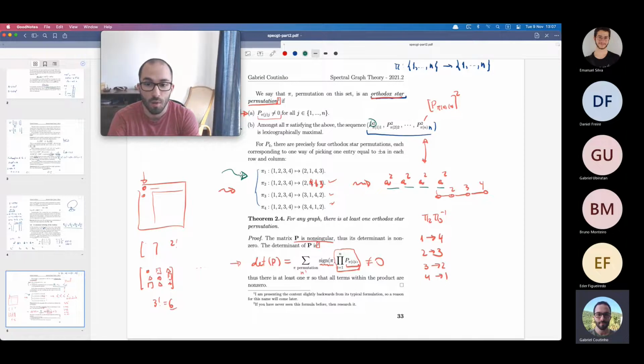If you decide to do this the naive way, by actually computing all of these permutations, looking at all of them and picking the lexicographically maximal, that wouldn't be efficient at all.